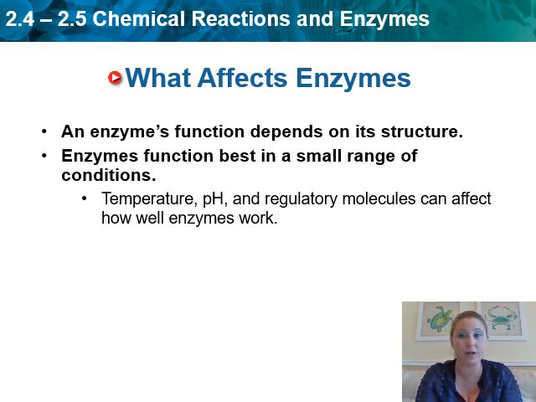If the temperature is not right, the enzyme's not going to work. If the pH is wrong, if it's not where it needs to be, it's not going to function properly. We also have regulatory molecules. They control what's going on in our cells, and those can also affect how well enzymes work. But the big takeaway is that the structure determines the function, and if an enzyme ends up where it doesn't belong, like it was supposed to be in a pH of 8, but now it's in a pH of 6, it's not going to have the same structure and it's not going to work properly.